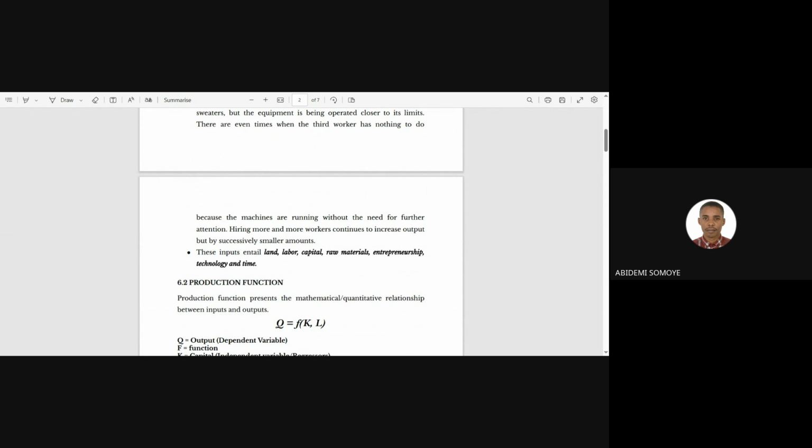Let me state that again. Land, labor, capital, raw materials, entrepreneurship, technology, and time. Okay, those are the factors of production, more like the inputs you need to be able to produce certain goods and services.